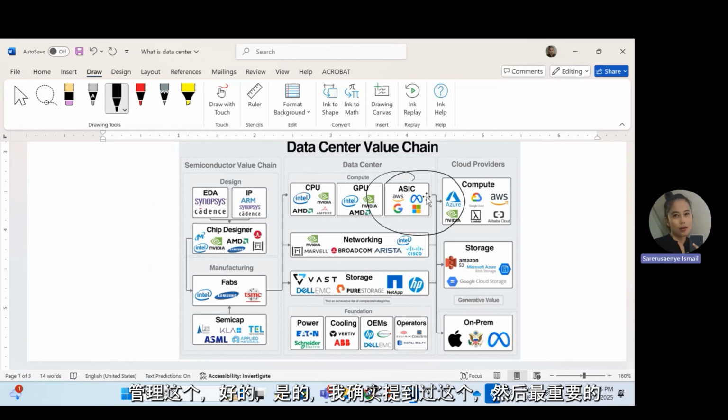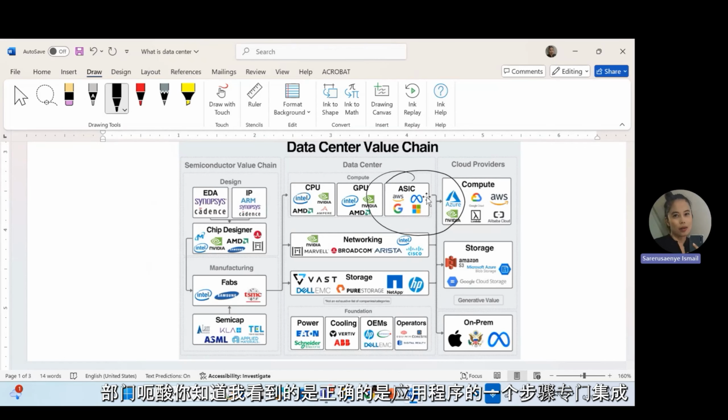I did mention this one, and the most important thing in the data center is the location to store all this data, and then it must be protected by a good security layer. But all of this will be managed by special divisions, ASIC.